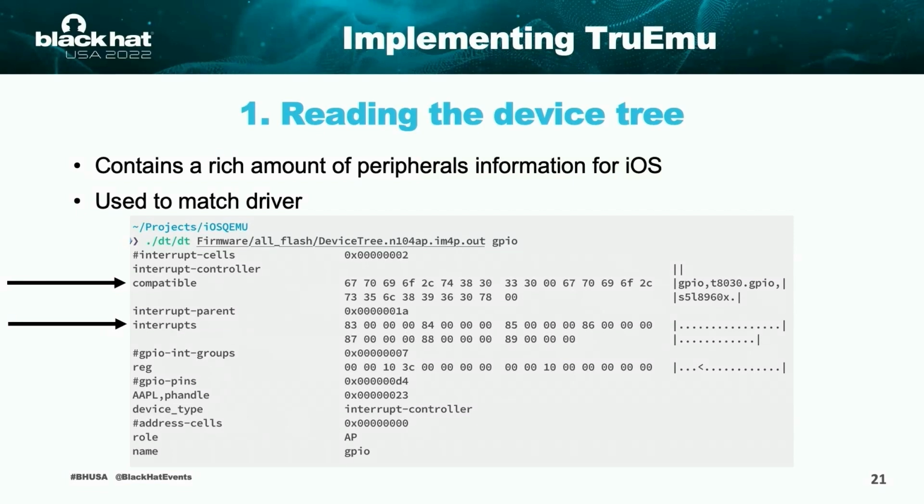In this case, the GPIO will use hex 83 to hex 89 interrupts. You also have the reg entry, which is basically where the device is in memory, so basically its MMIO address. And you also have #gpio-pins, which is short for the number of GPIO pins this device has.